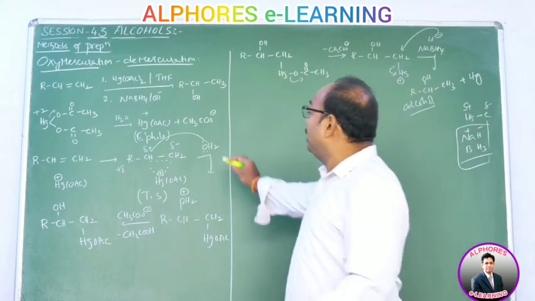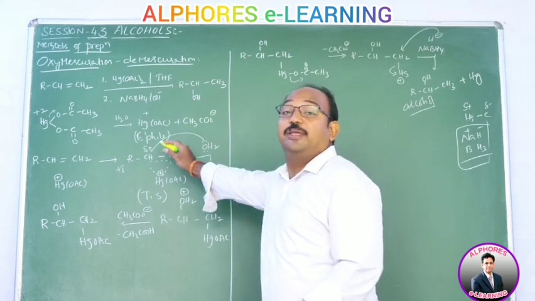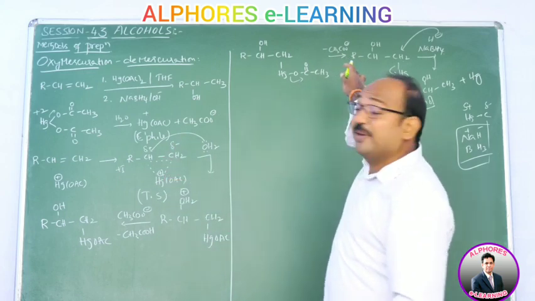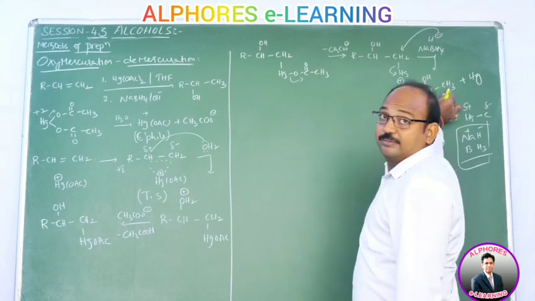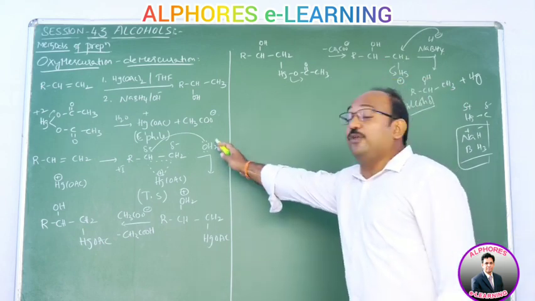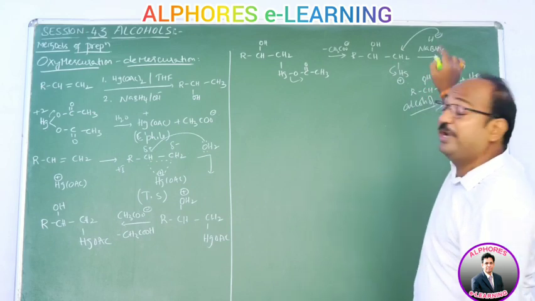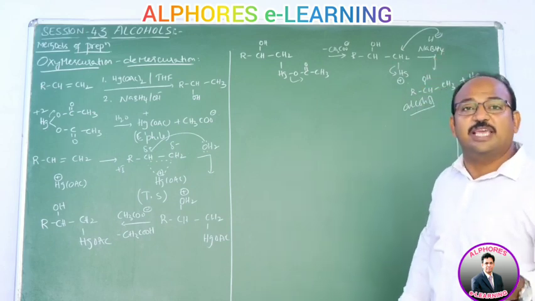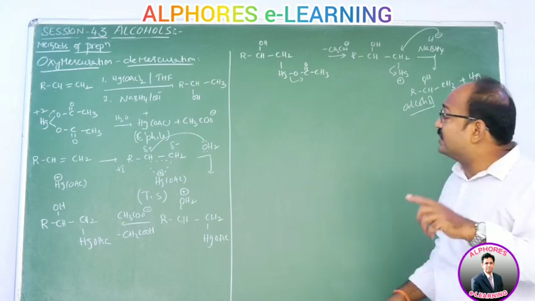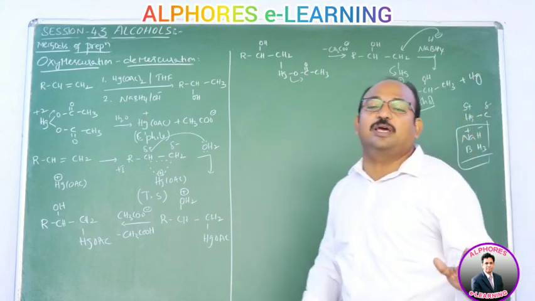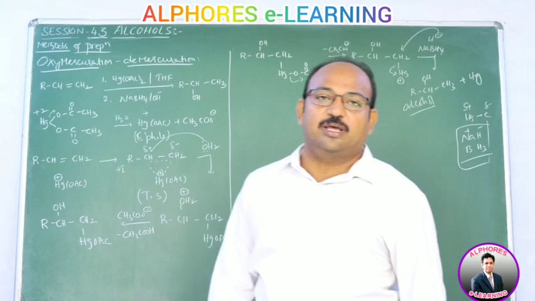If you are using D2O as solvent, you will get OD. And when you are using NaBH4, H minus only has to come and attach here. Instead of that, if you use H2O and NaBD4, in such a case what happens? D minus has to come and attach here. So this is not direct addition of water, it is indirect addition of water.